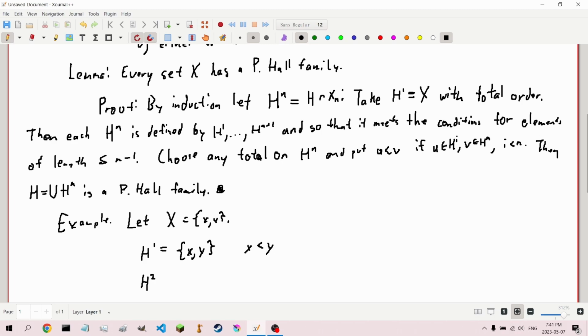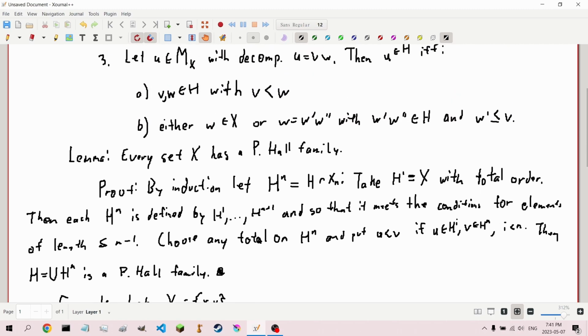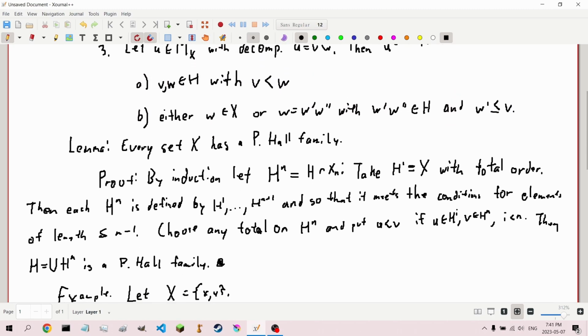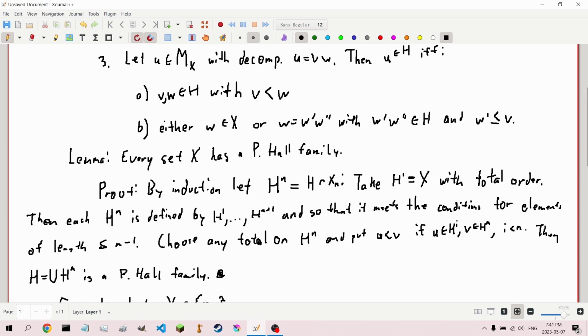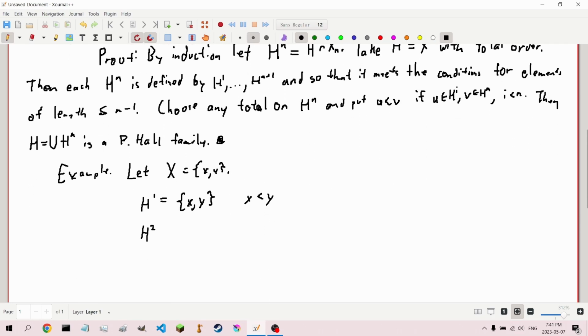H2 has to be elements of length 2, and we can't meet 3a ever by that, so H2 is just going to be equal to H1.